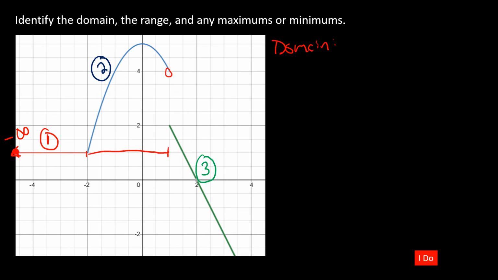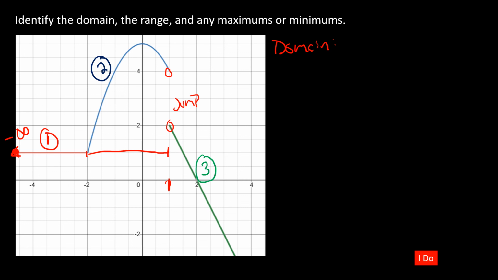And we have this jump here. Okay, we have this jump, but while there's a jump, I want to make it very clear that the value here at 1 still exists.